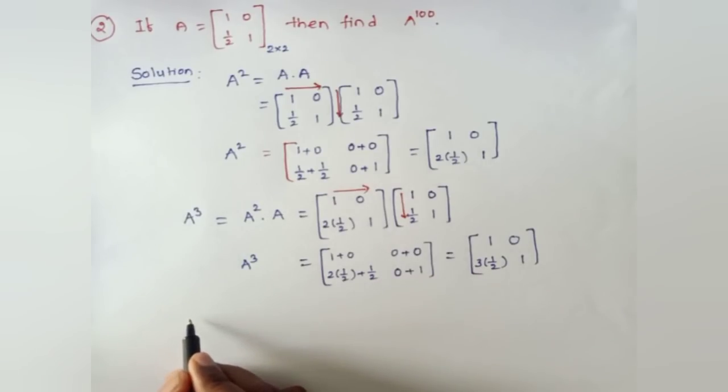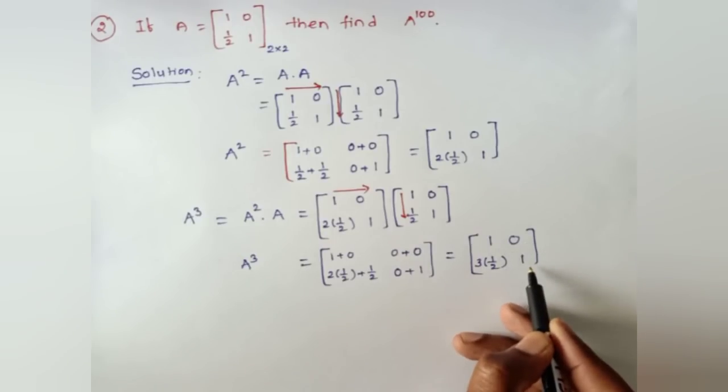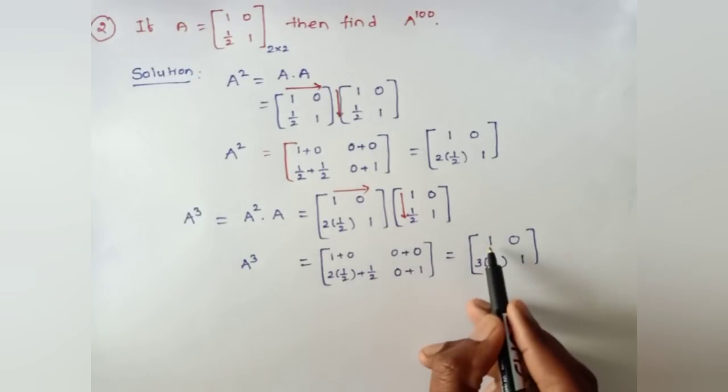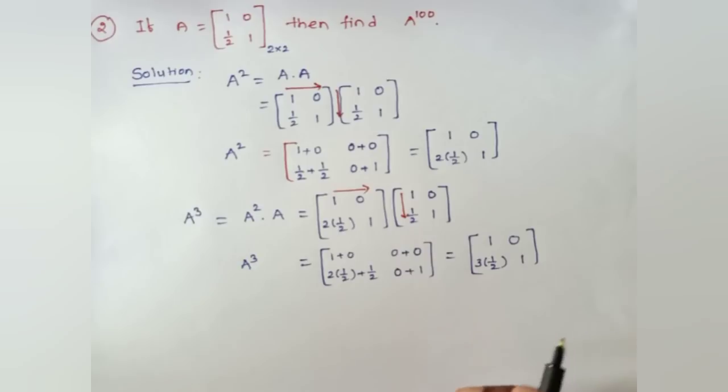If it is a power 4, we get 1, 0, 4 into 1 by 2 and 1. If it is a power 5, you will get 1, 0, 5 into 1 by 2 and 1.